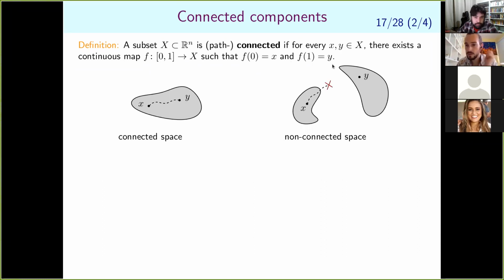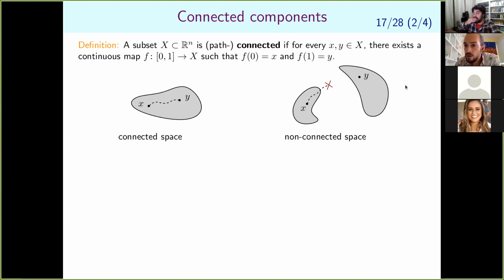So what does that mean? Given 2 points, I am able to define a continuous path that connects x and y. In this second example, you see that x and y cannot be connected because there is nothing here. We cannot cross this area.